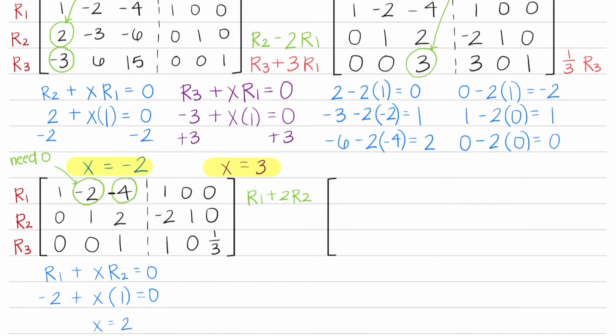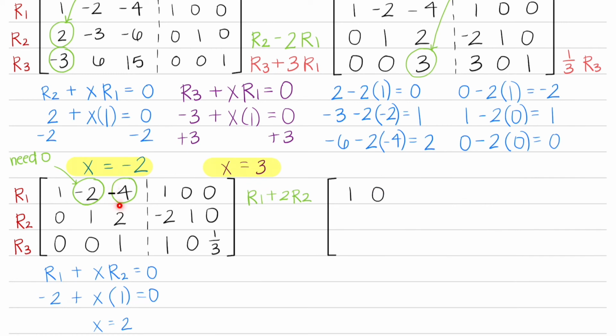Now we apply that formula to every term in row 1. Let's start with that first term, 1 plus 2 times our row 2, which is 0, so we have 1. For the second term, our r1 is -2 plus 2 times our r2, which is 1, so you get 0.